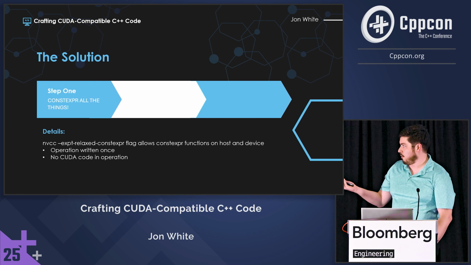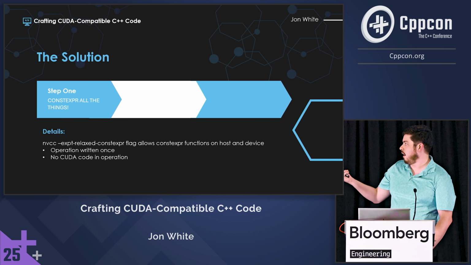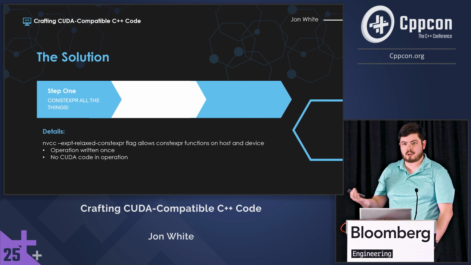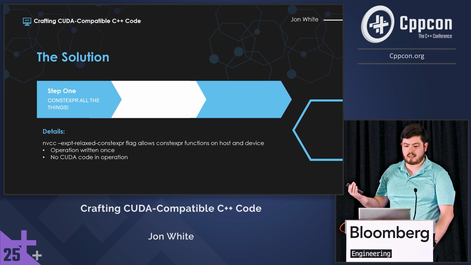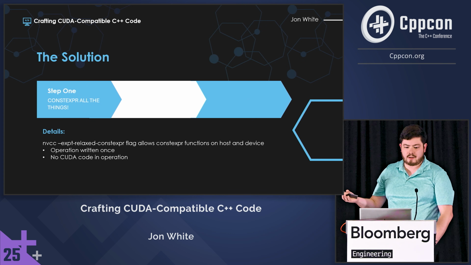The reason this is important is because on NVCC, the NVIDIA compiler, you can pass the experimental relaxed constexpr flag, and that allows all of your constexpr functions to be used on both the host and the device. You write it once, and you don't actually have to use any CUDA keywords.